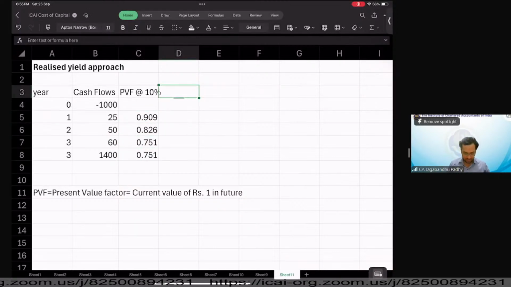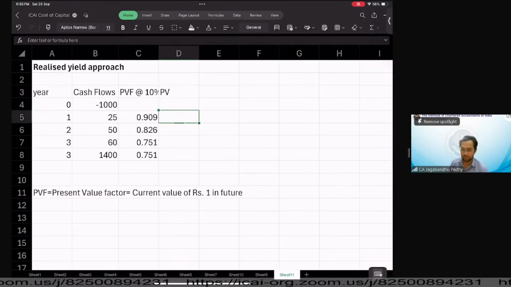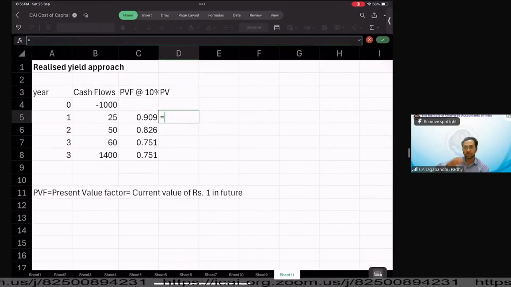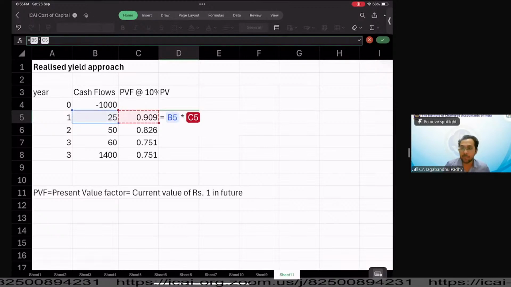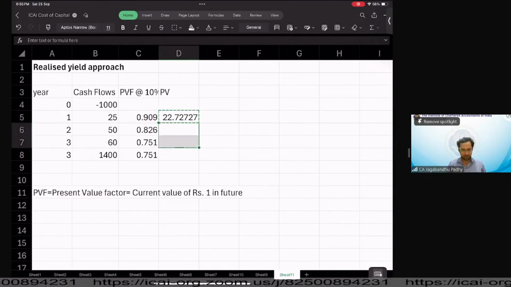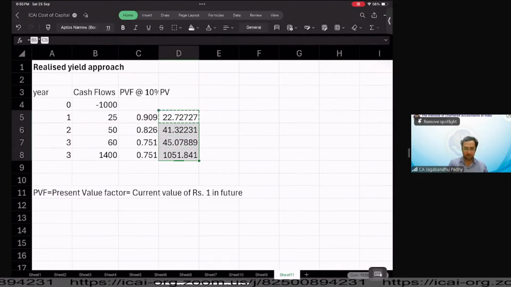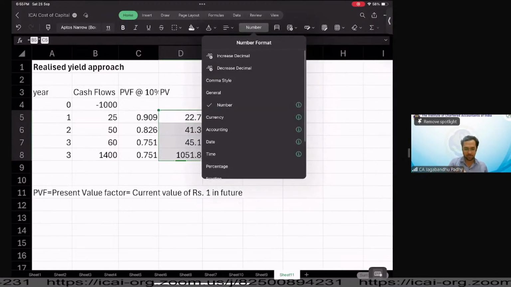So how to get the present value of the cash flows? Present value of the cash inflows that you're receiving is just cash flow multiplied by the present value factor.